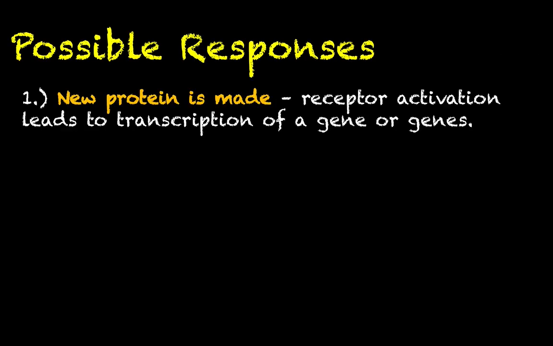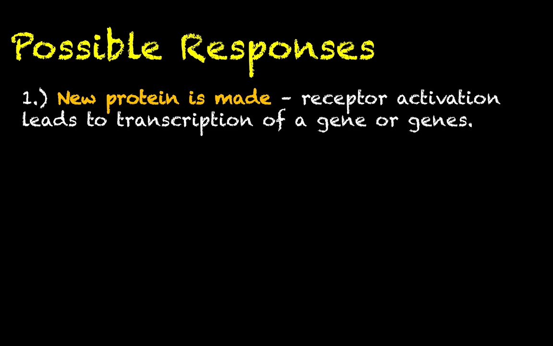So some possible end responses, before we actually get into the signal transduction part of this, in terms of how does ligand binding actually produce a response. Some possible responses that you could get are, number one, a new protein is made. So the idea here is that whatever this new protein is, it was not being made before, so the new function of the cell, the physiological response, is due in part or in total to whatever this new protein is doing.